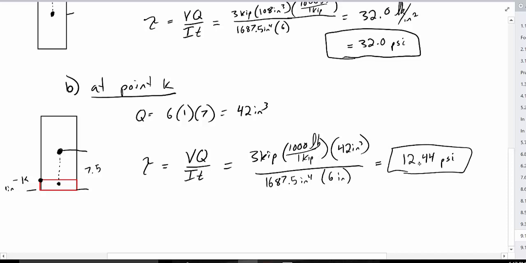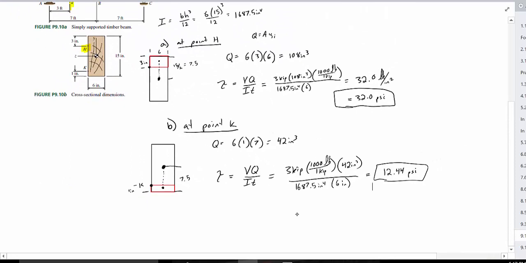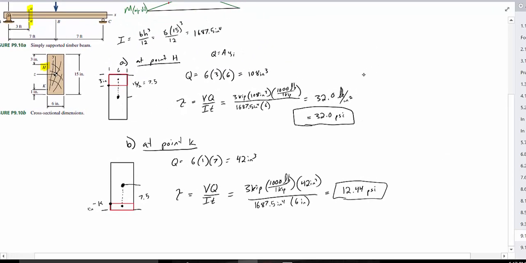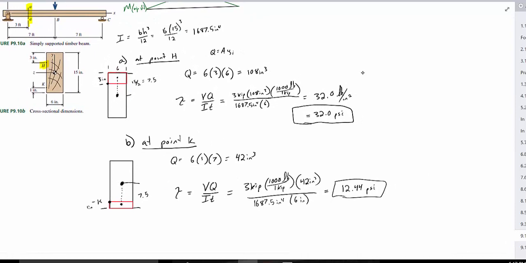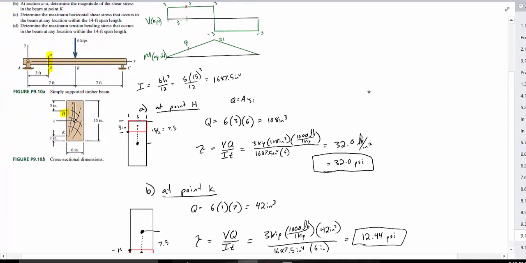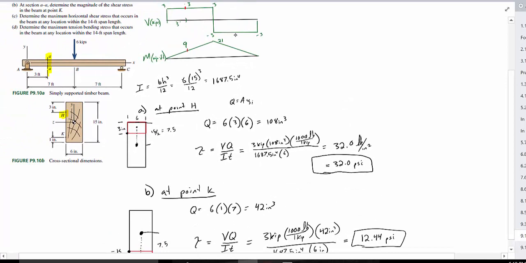Okay. So the next part of the problem asks for maximum shear stress at any location, right? Then the shear is pretty much 3. The magnitude's 3, be it negative or positive, depending on where we are. So for the maximum shear stress, anywhere at the member, we need to determine what Q is.